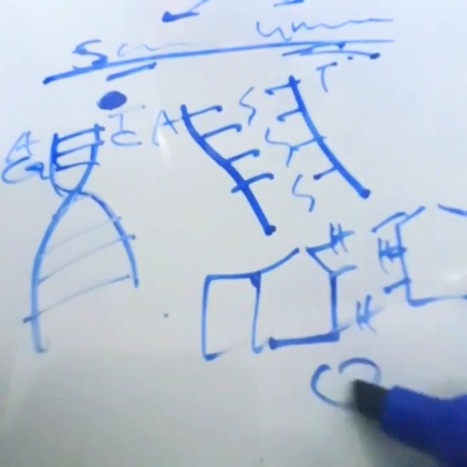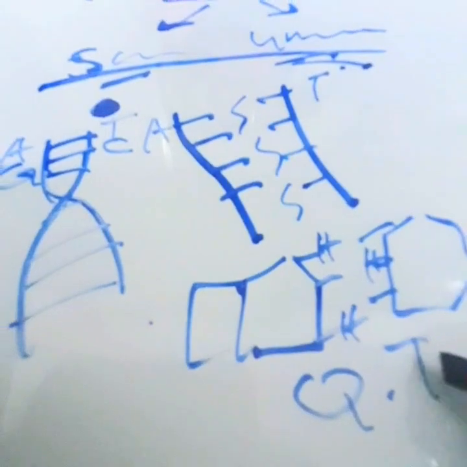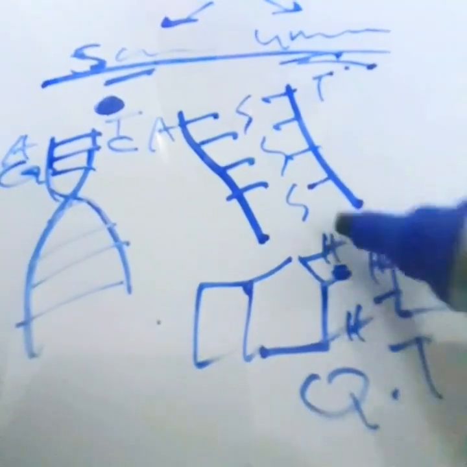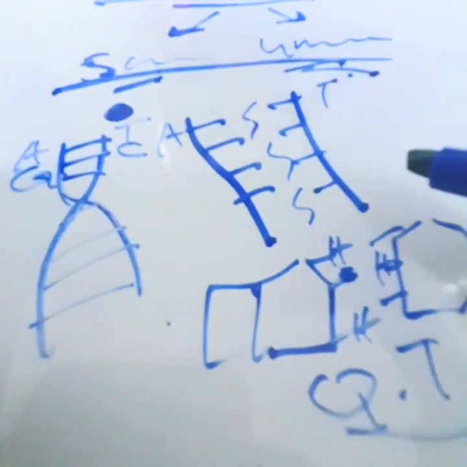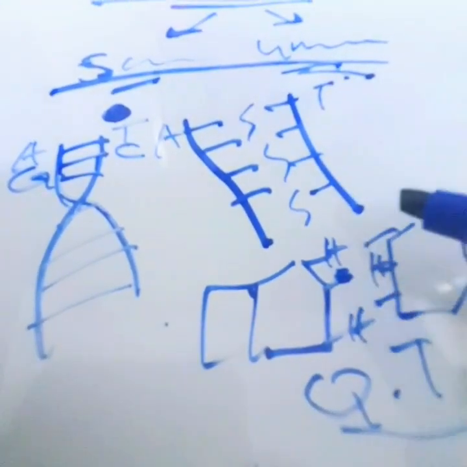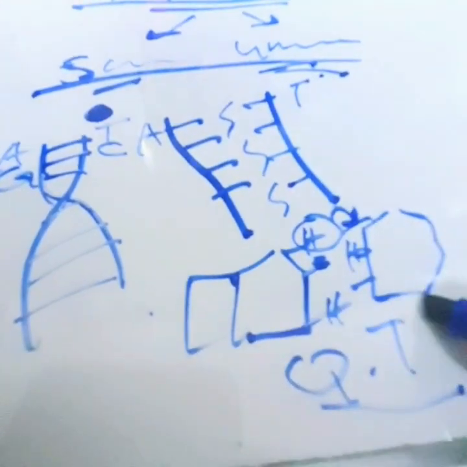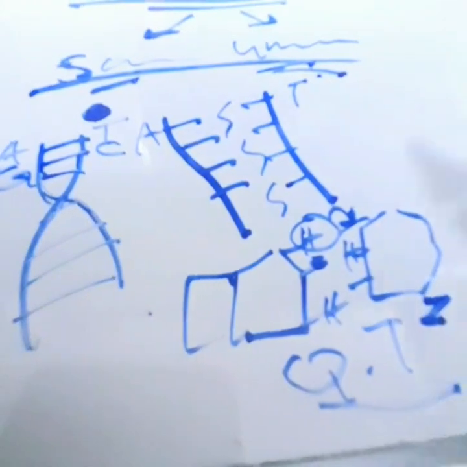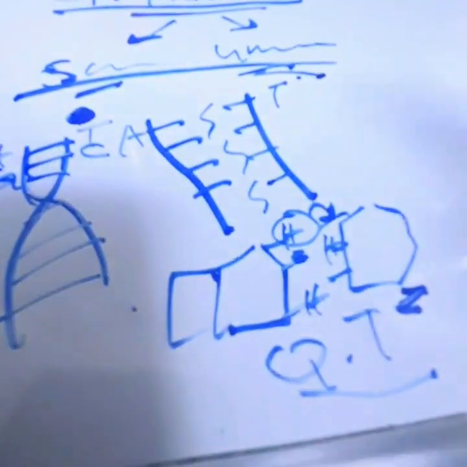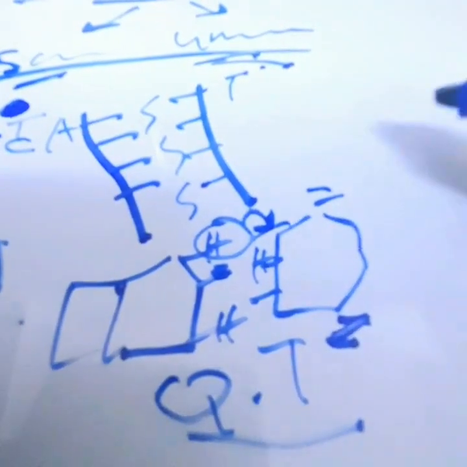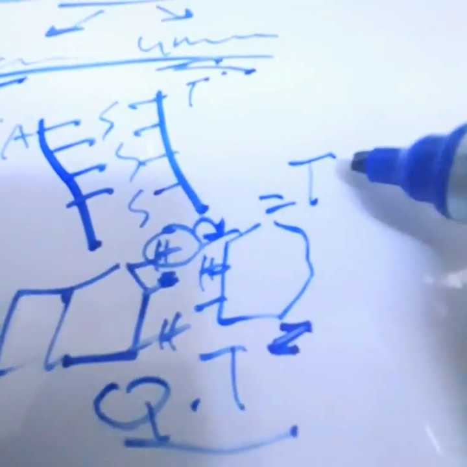Quantum tunneling does occur here, because this hydrogen atom, due to quantum tunneling, which is the uncertainty and superposition principles, may transfer to the other side. The hydrogen will go to the other side, which leads us to the formation of the tautomer.